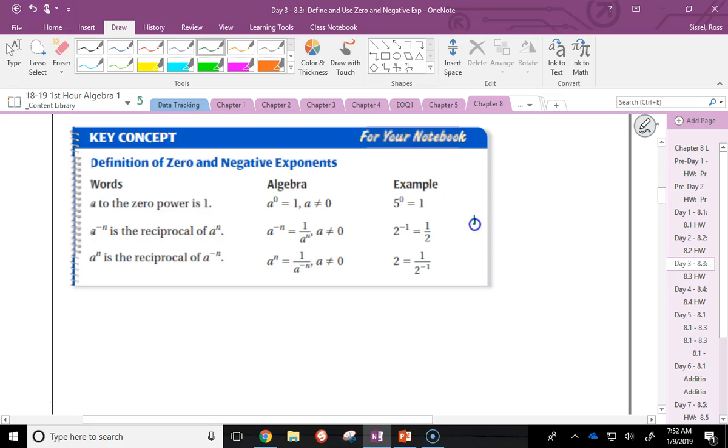So if a equals 0, we say undefined. Okay. A to the n is the reciprocal of a to the negative exponent. So if we end up solving a problem and we have like 1 over a number to the negative exponent, you just reciprocate that and that becomes the numerator and it still keeps its power.